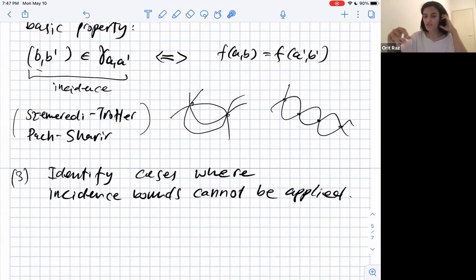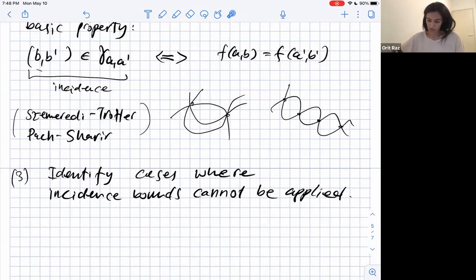Because we knew that for the special forms, if f is x plus y, we didn't expect to get a lower bound on f(A,B). We know that f(A,B) can be linear when f is a special form. So sometimes we won't be able to apply these incidence bounds.